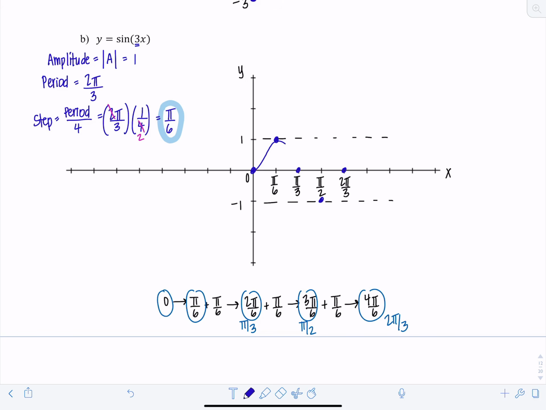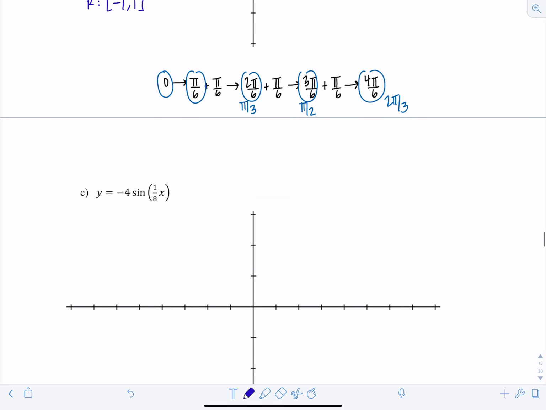Okay, and then add arrows to extend. So it's going to go this way, and it'll go down this way. Beautiful. Now let's list the domain and range. So the domain's going to be -infinity to infinity, and the range is from -1 to 1 inclusive. Okay, good.